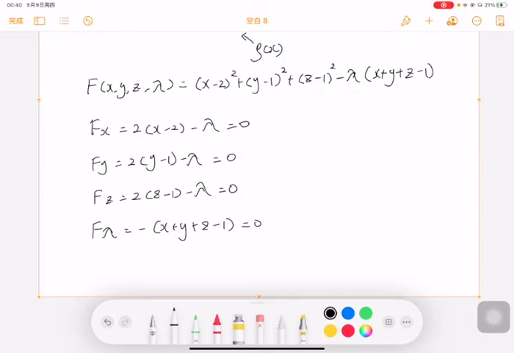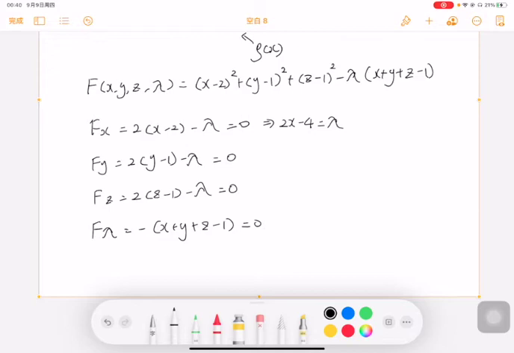All right, so for the first equation, we don't want to write lambda in terms of x, we want to write x in terms of lambda. So we get 2x minus 4 equals lambda. Sorry, it's going to be a little messy here.